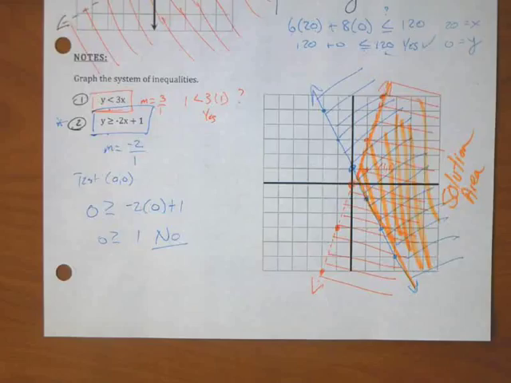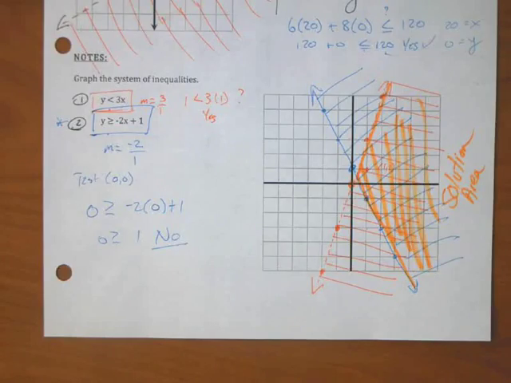So if I asked you to choose a point that is a solution to this system, all you do is go to your graph and pick your favorite point in this highlighted area where everything overlaps, like this one, which is at 1, 2, 3, up 2.